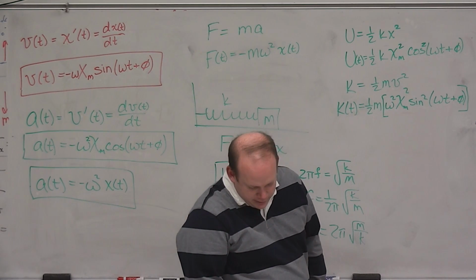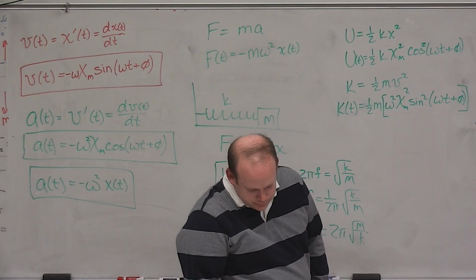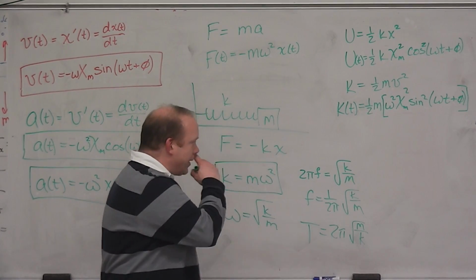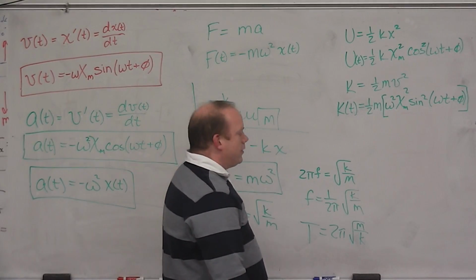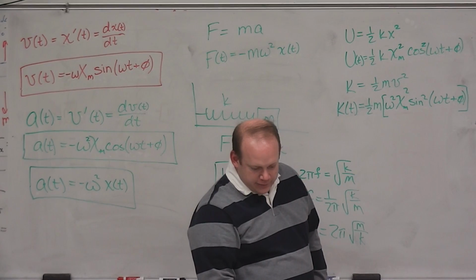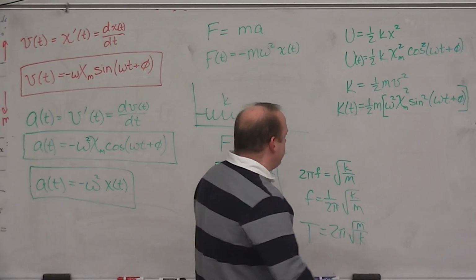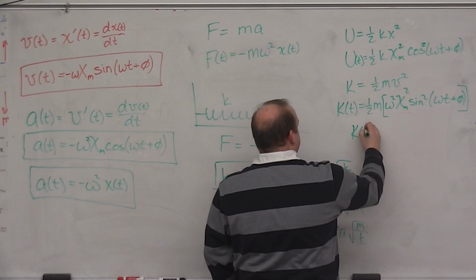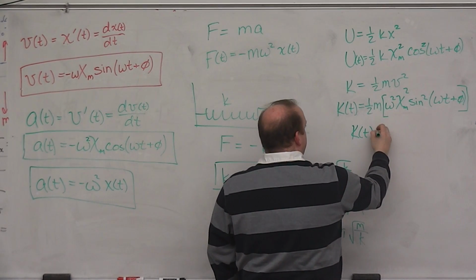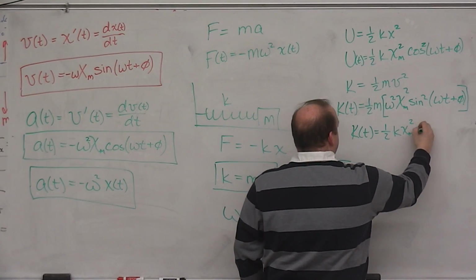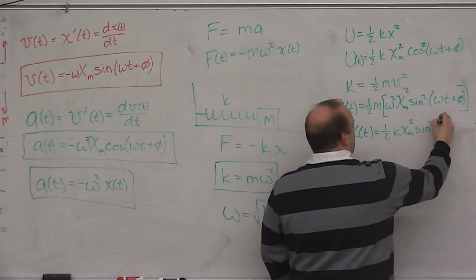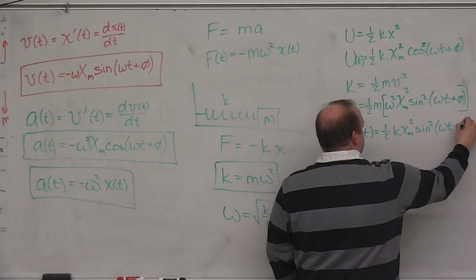Sorry, just take a look at this real quick. All right, so now we know that this m omega squared here is equal to k. So my kinetic energy as a function of time is, since m omega squared is k, 1/2 k xm squared sine squared of omega t plus v.